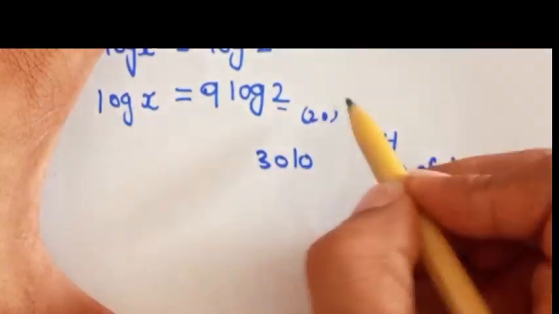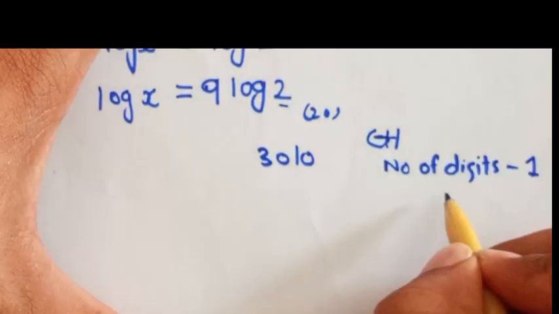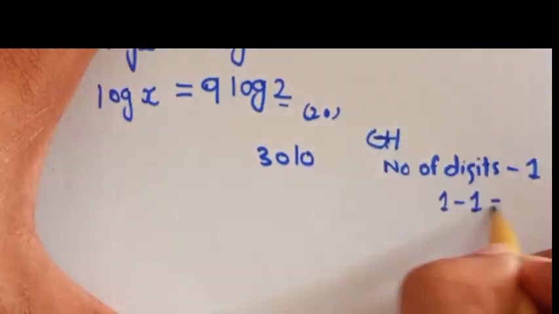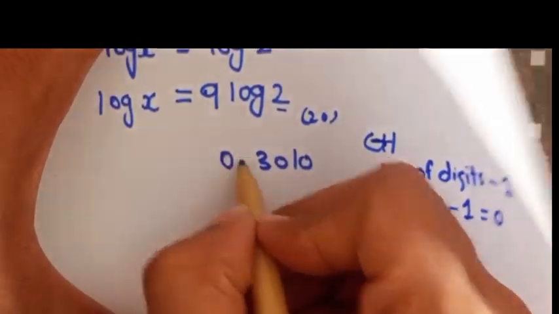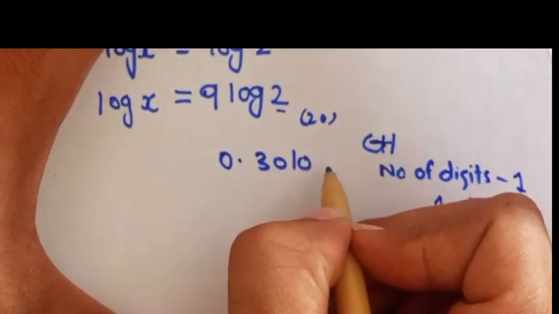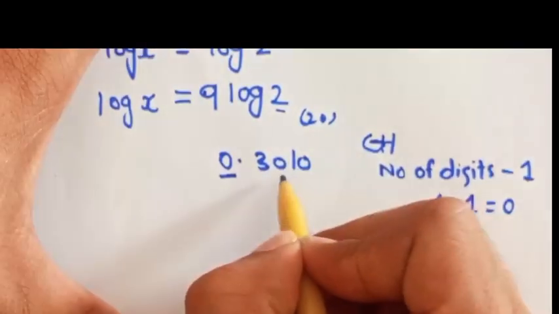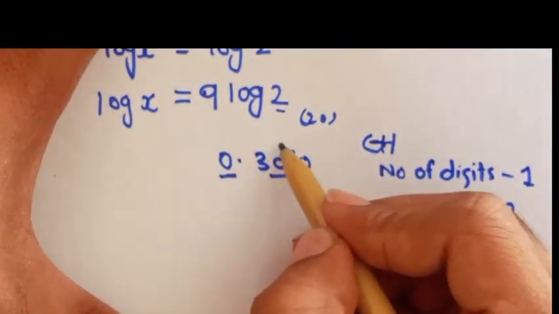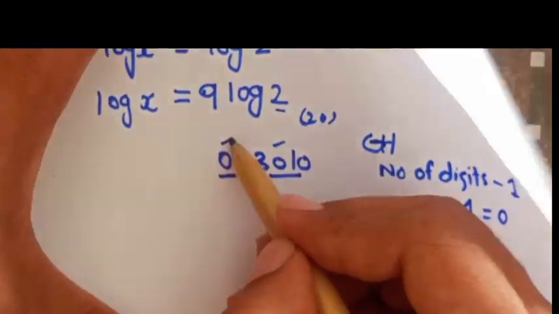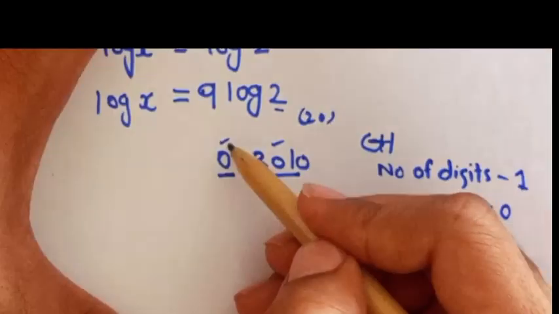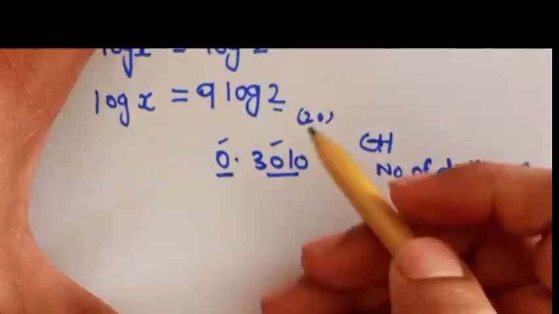So number of digits is 1, that is 2. 1 minus 1 is 0. So this will be 0.3010. This is my characteristic, this is my mantissa. I found the mantissa at first, then characteristic. You can also find the characteristic at first, then mantissa.